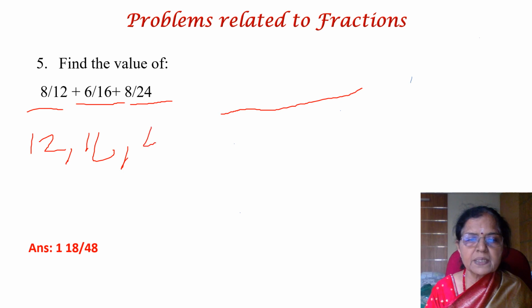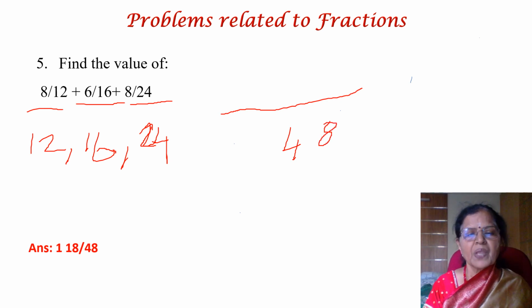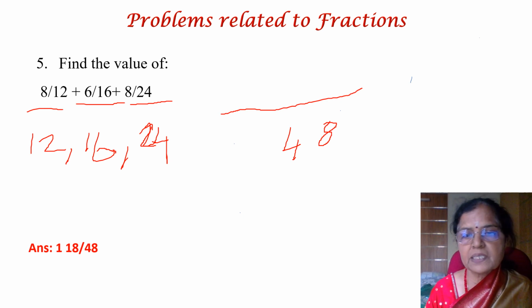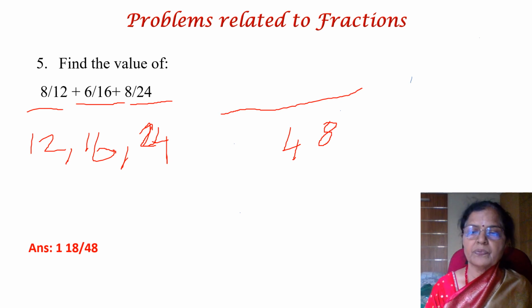What is the least common multiple? 48. Take the highest number, which is 24. The first multiple of 24 is 48. See whether it is divisible by 12. Yes. Whether it is divisible by 16. Yes. So that is the least common multiple, 48.